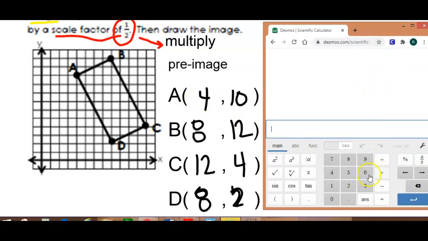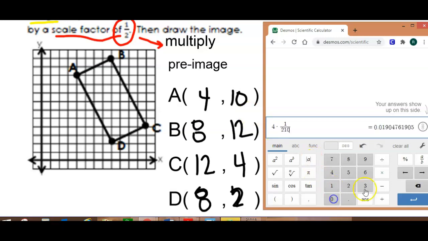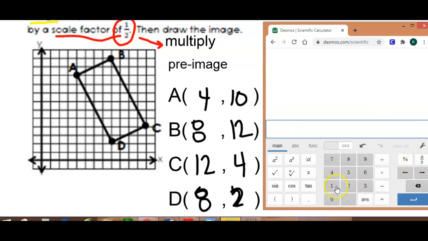So if I have the number 4 and I times it by 1/2, I get the answer 2. And then I'm going to do the next number, 10. So 10, and then we're multiplying by 1/2.